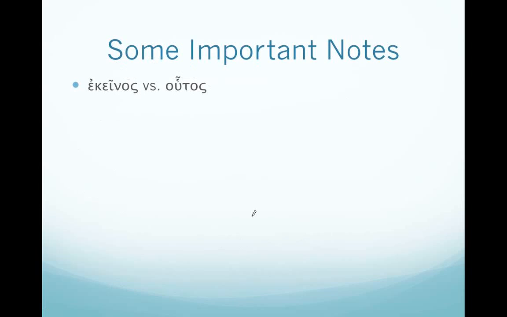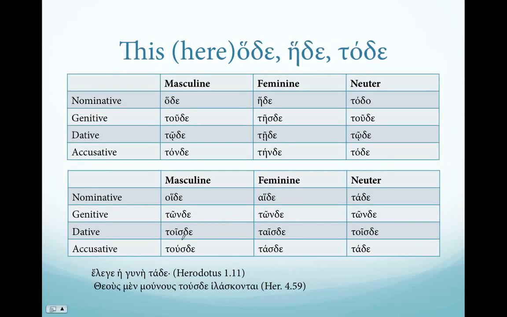So if we go back to our Herodotus sentence in the previous slide, elege he gune tade, this tade indicates what the woman said was what follows. And what follows is her quote. So that's the difference between hutos and hode, and another way to think about hutos and ekeinos.